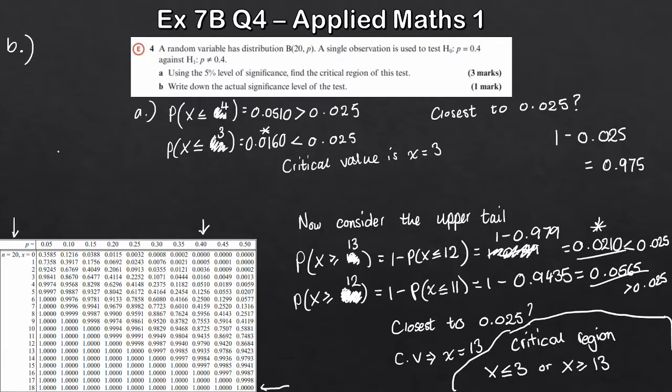So the actual significance level is just these added together: 0.016 plus 0.021, and that gives us 0.035.